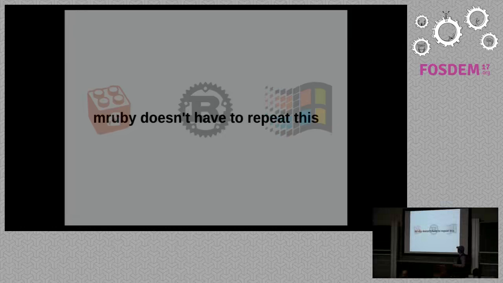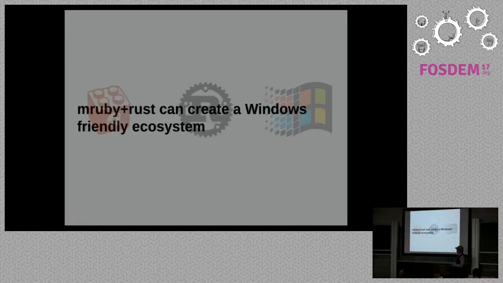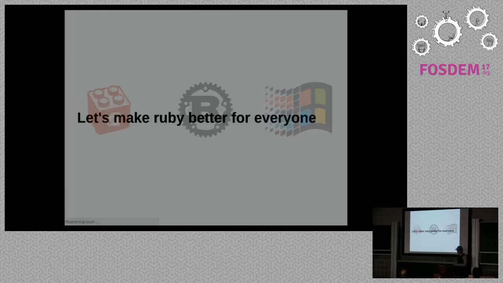And I think finally, like with a lot of the stuff that Rust has cared about, we can create an ecosystem to make a Windows-friendly ecosystem that is inclusive of everyone and not just people who are primarily users of Unix. If you're interested, I'd be happy to talk about this more online or in person. But I'm very excited to hopefully make the Ruby ecosystem better for everyone and not just people who are on Unix. Thank you.